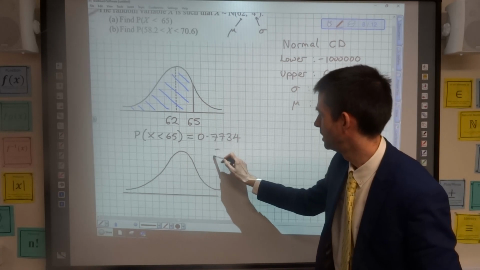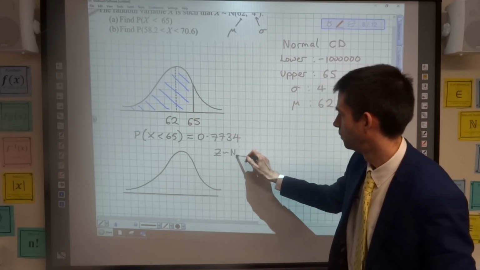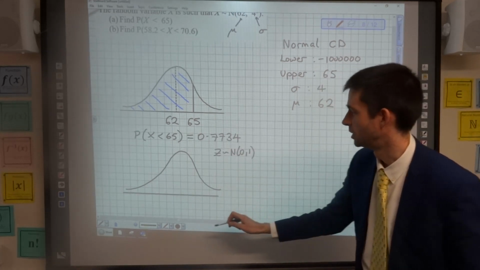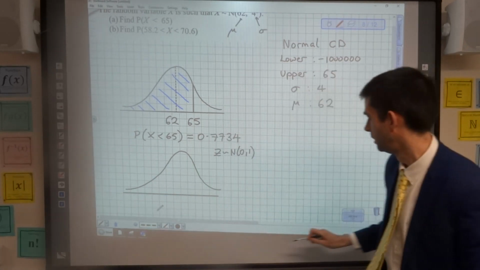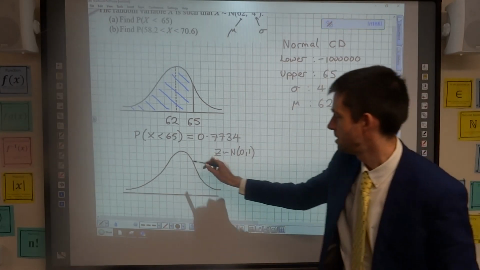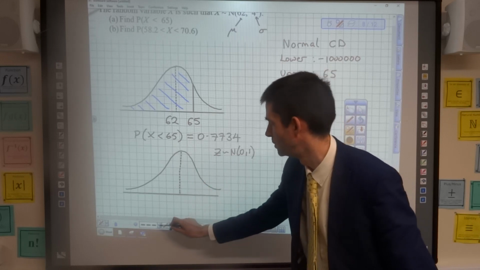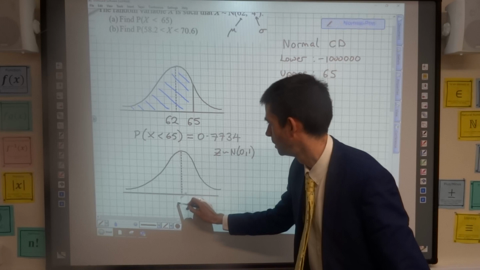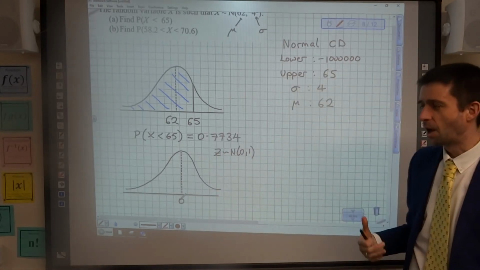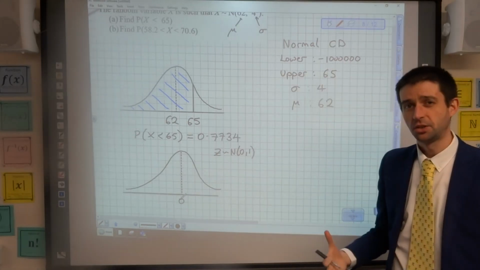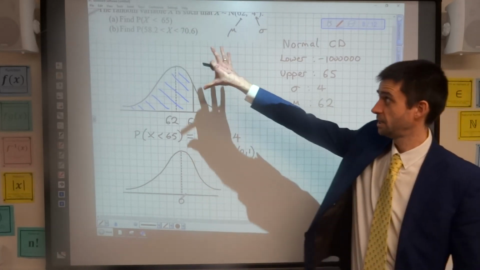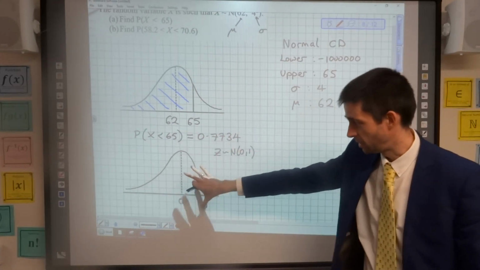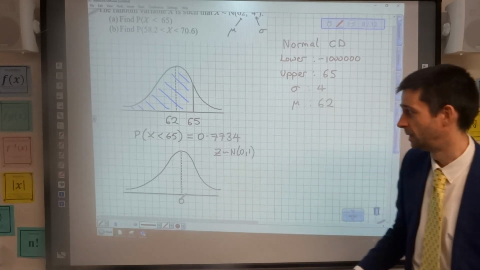And I'm going to label that this one is Z following a normal distribution 0, 1, which means that it has a mean, centre value there, of 0, and its standard deviation is 1. And what you can then use is this standardising formula on this normal distribution to then be able to use this one to calculate the probabilities.